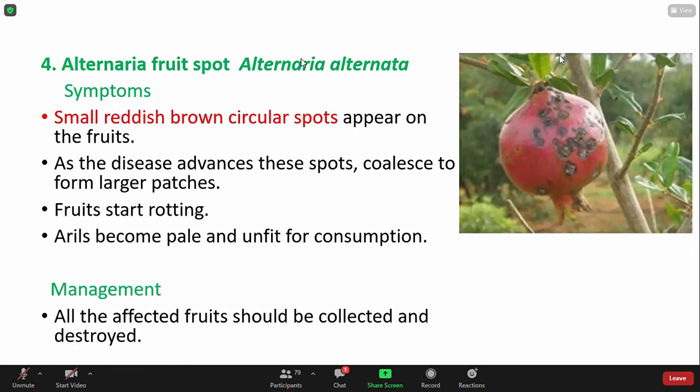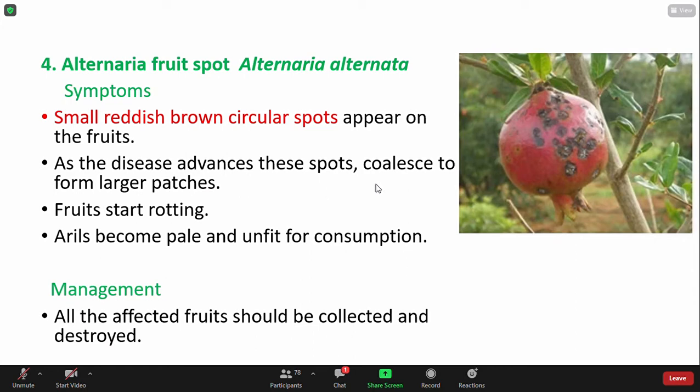This is the initial stage with the reddish brown circular spots, and later on it forms large spots, right? During the infection, the fruits start rotting and the arils become pale and unfit for consumption. Arils means the edible part of the pomegranate.